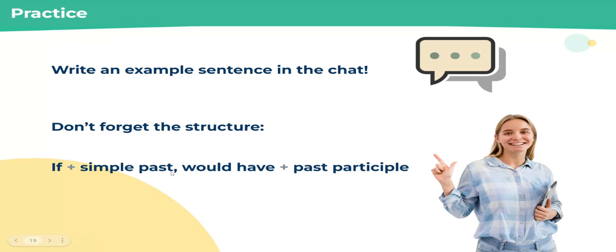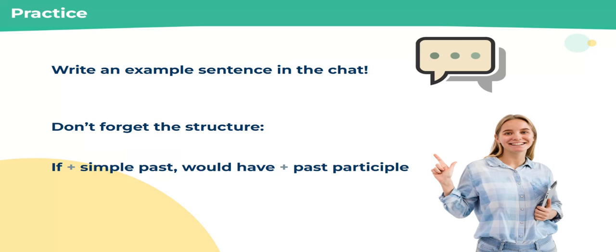Okay, well, let's have a look at some practice. So I'd like you to write an example sentence in the chat, an example conditional that uses this structure. So have a think. If you want to participate, please do. But don't forget the structure.